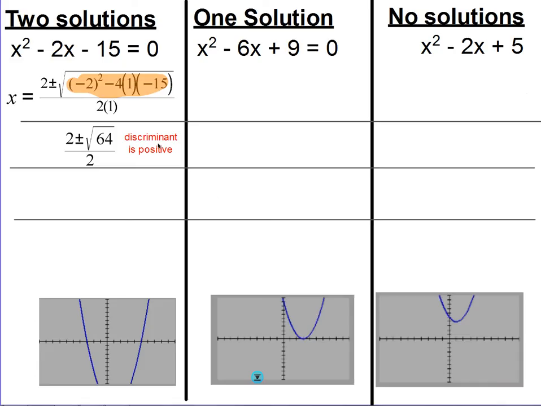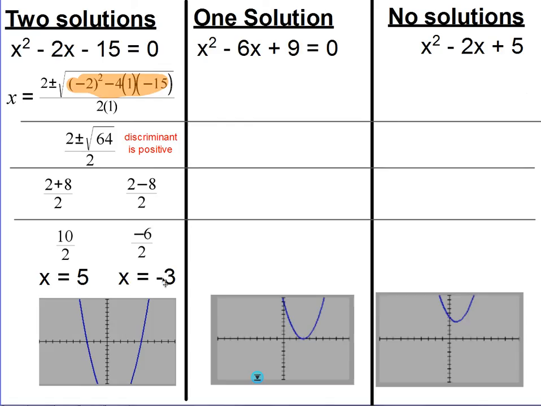So because our discriminant's positive, I'm going to have 2 solutions. The square root of 64 is positive 8 and minus 8. So I sub both of those possibilities in. 2 plus 8 is 10 over 2, and 2 minus 8 is negative 6 over 2. And that simplifies to 5 and negative 3.